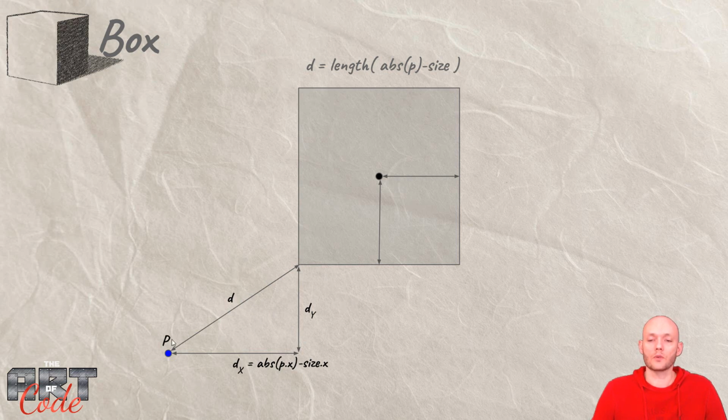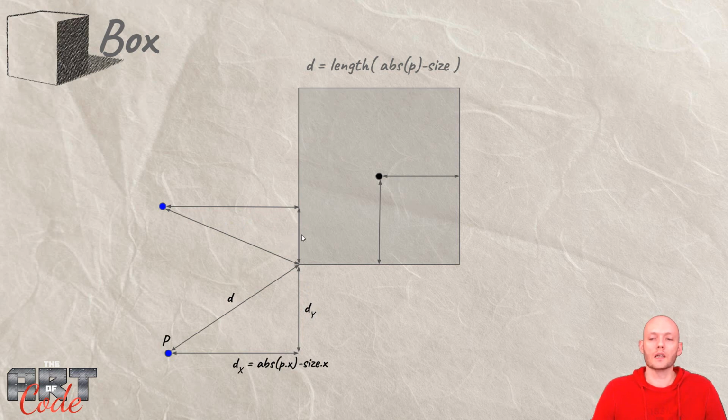Now that works great for the point that I chose here, because the point that I chose is kind of diagonally outside of this box. But if this point P were over here, then this function would essentially get me this distance over here, which is not what I want. For this point P, you could imagine that my dy would actually be negative, right?